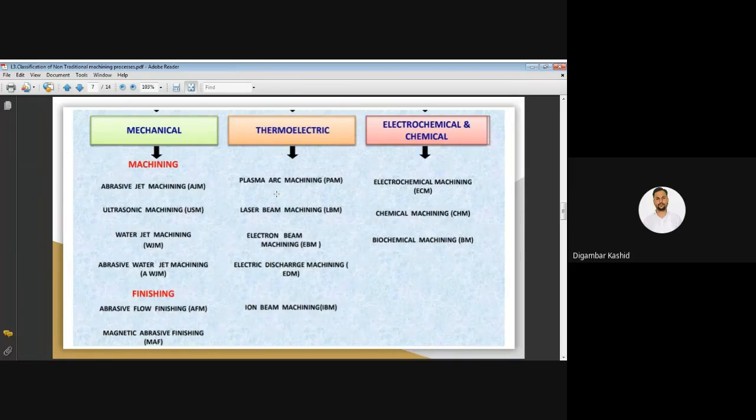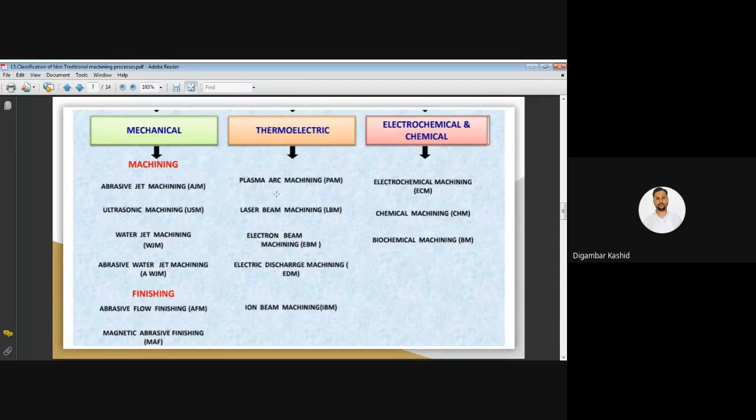And what about the performance of these processes? The performance of some of these processes is not very good. Please listen carefully. Performance means your surface finish, or firstly you can take the material removal. In some cases surface finish is good, but material removal is very less.